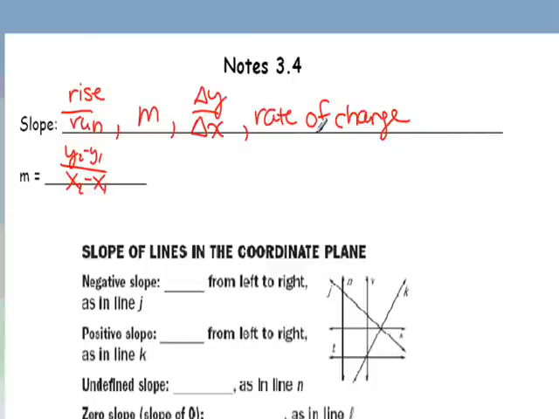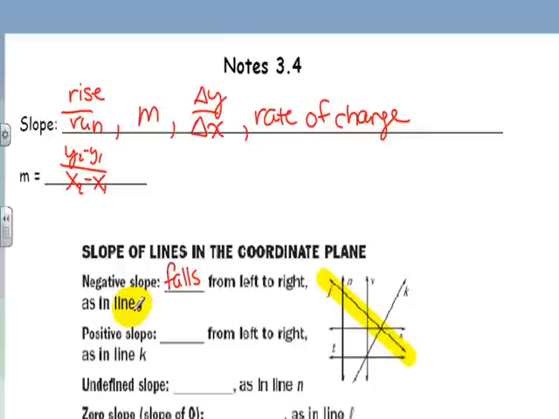All right, let's talk about the slope of lines. So there are 4 kinds of slope: negative, positive, undefined, and zero. And a negative slope is a slope that falls from left to right. So line J here, get out my highlighter because I love highlighting stuff. So line J goes down from left to right, it falls from left to right.